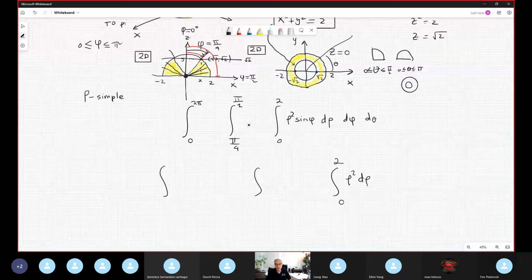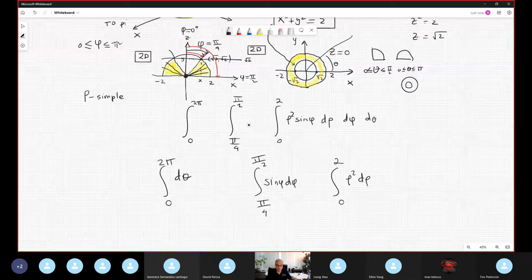I consider only the rho part. Now sine phi d phi, evaluated between pi over 4 and pi over 2. And the last integral is always too easy, from 0 to 2 pi, d theta. We compute separately, not necessarily on the same piece of paper. And now you put together a multiplication.